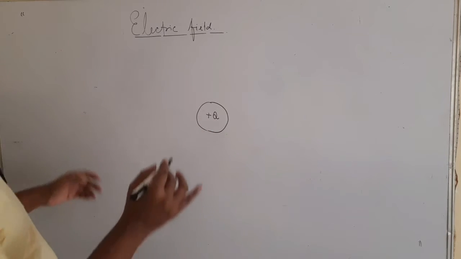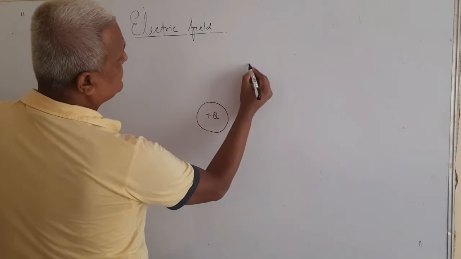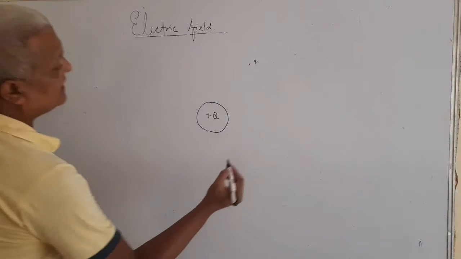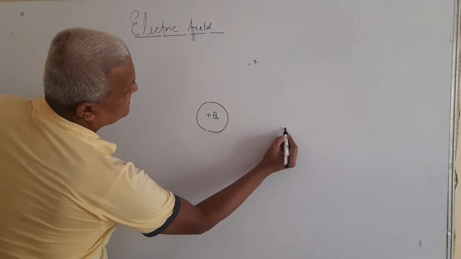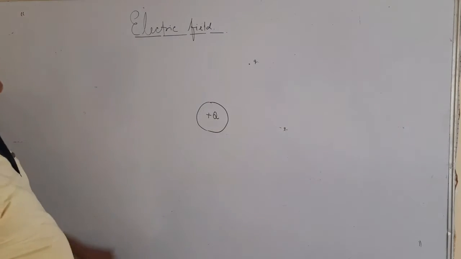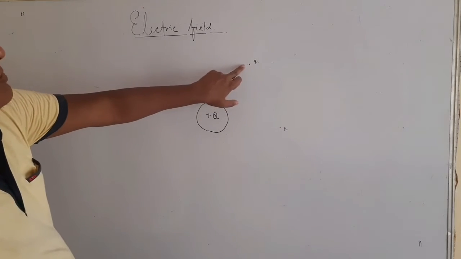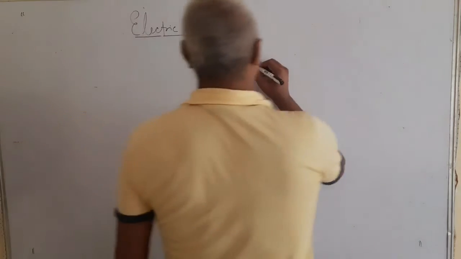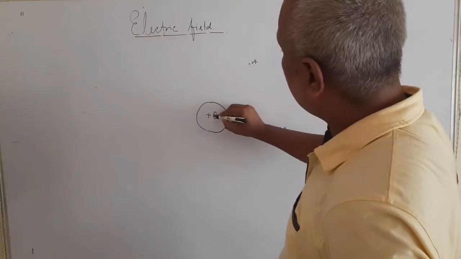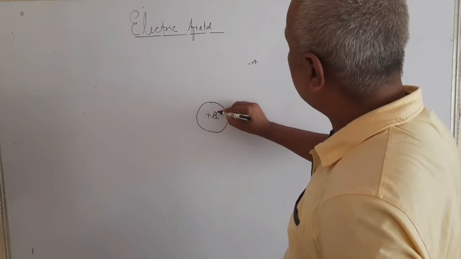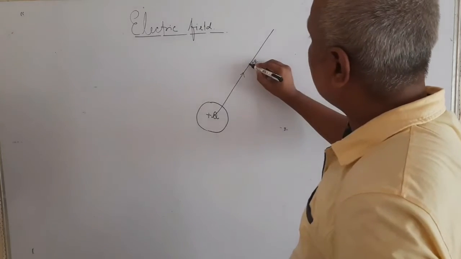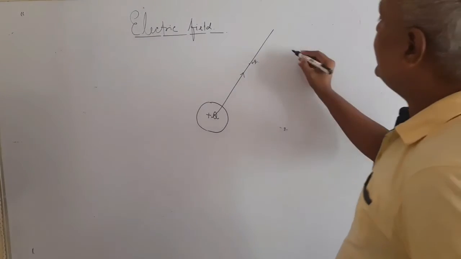If you bring a body which is positively charged Q here, and another body which is negatively charged minus Q here, this body will experience a force of repulsion because this is positive, and the direction of that force will be along the line joining these centers.